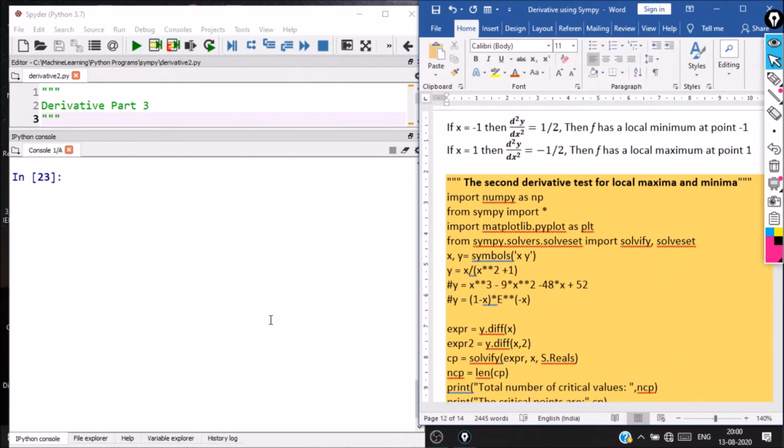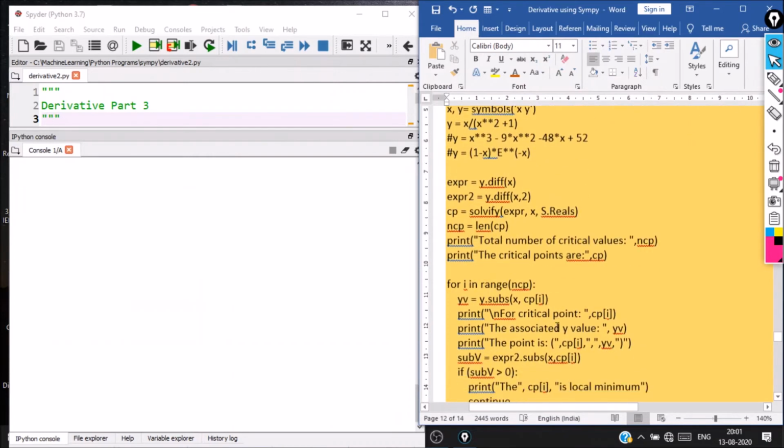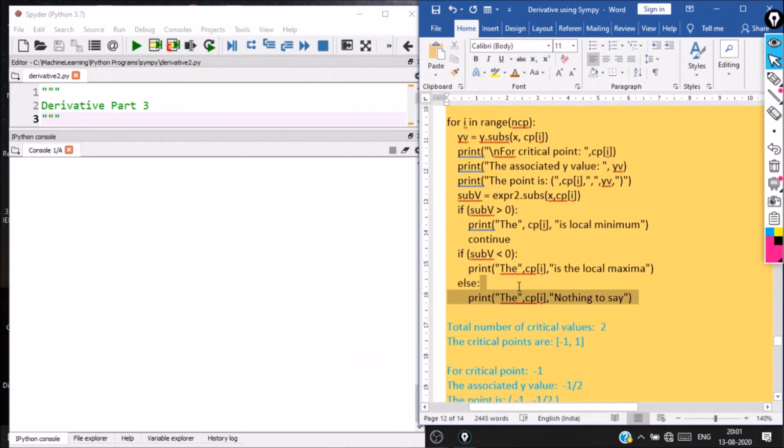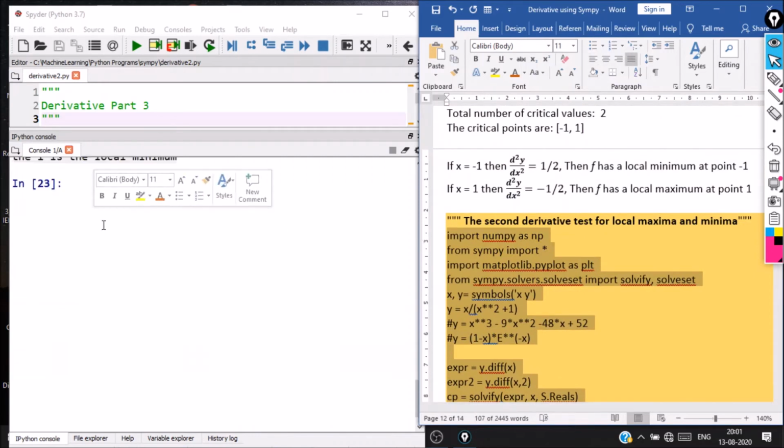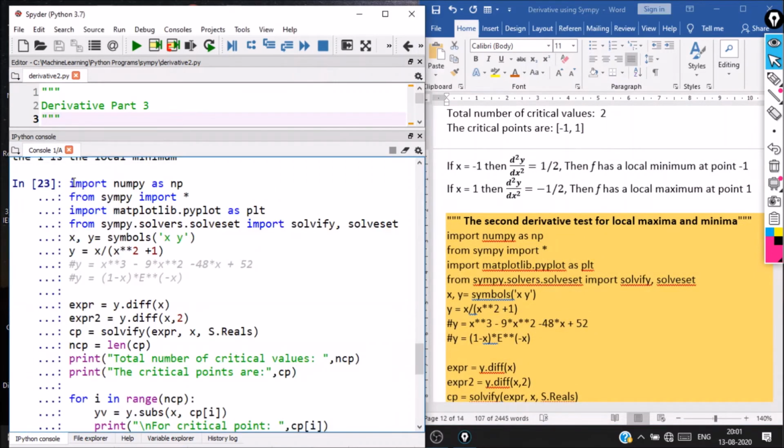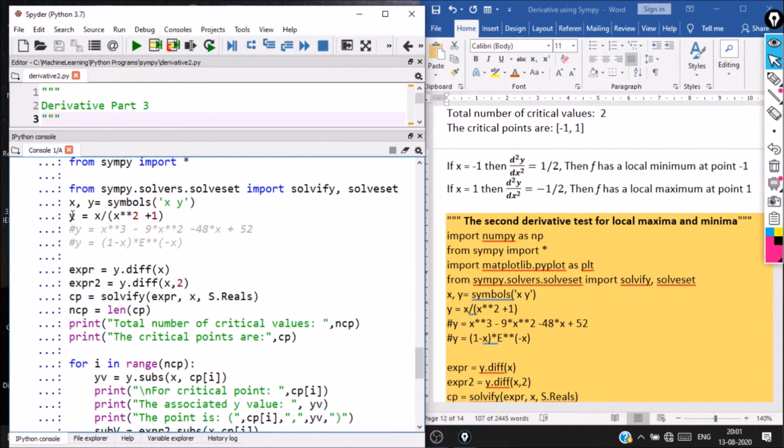Now we can execute this particular program and see the result. In this case also this particular line is not required. The expressions x and y are both symbols, and y is equal to x by x square plus 1.